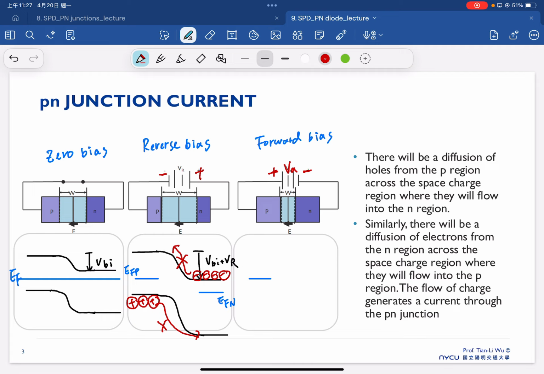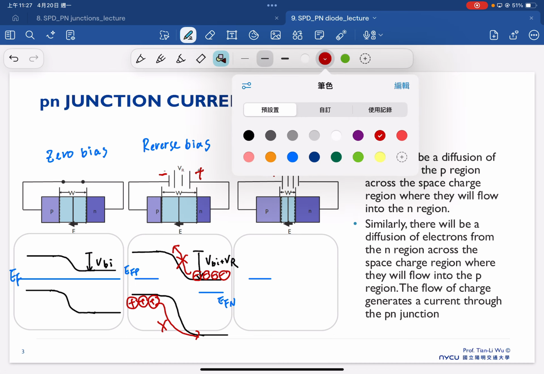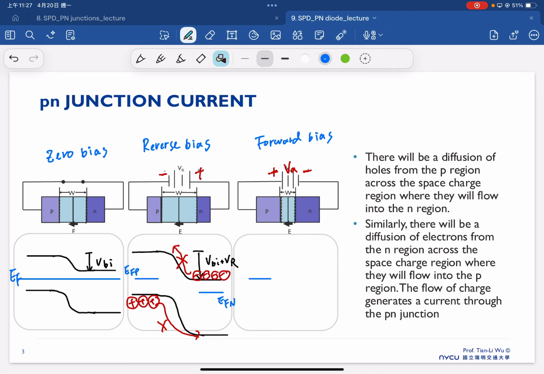The forward bias will cause this EF to go up, and therefore now we have an EFP and an EFN here.